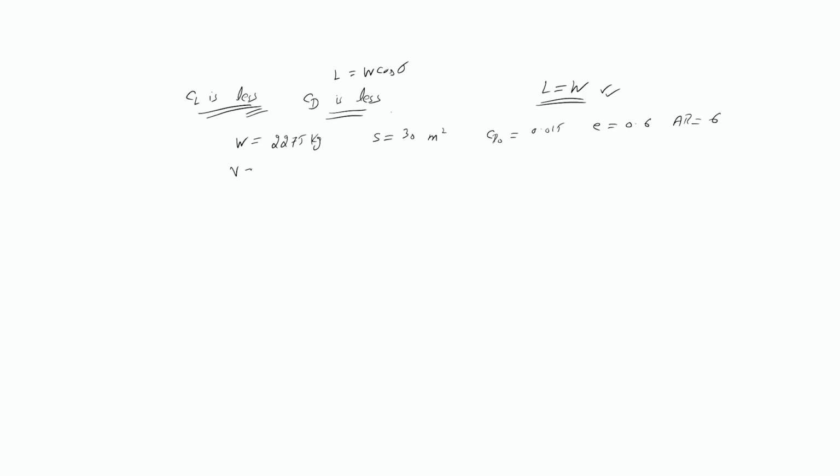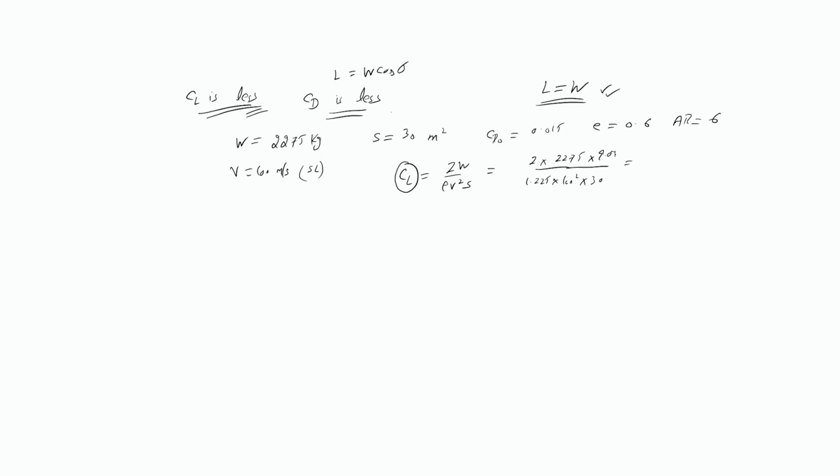If we consider velocity as 100 meters per second at sea level, then CL will be 2W by rho V square S. So we write 2 into 2275 divided by 1.225 into 100 square into 30. This will yield wrong results, as I have explained previously. CL is a dimensionless quantity, and the weight has to be written in newtons. You have to multiply by 9.81, otherwise you will get a wrong answer.